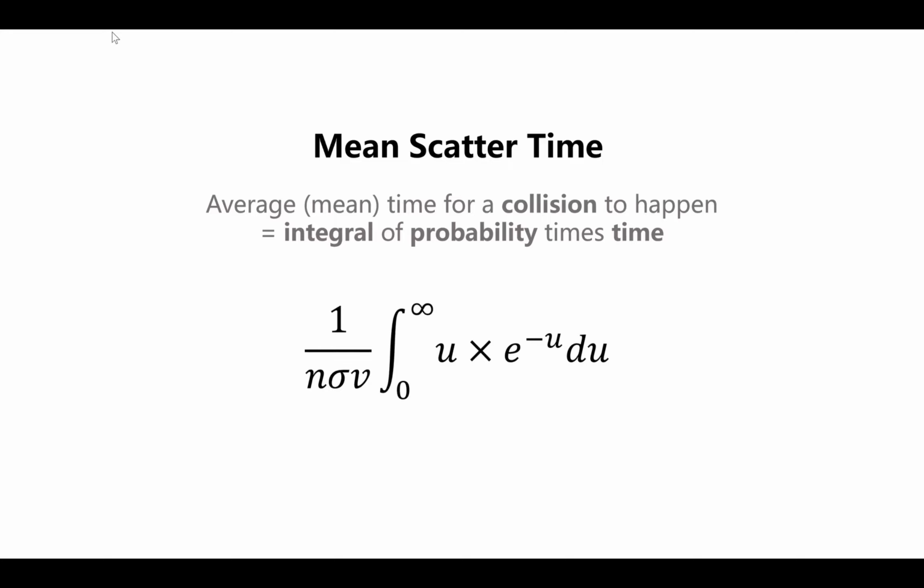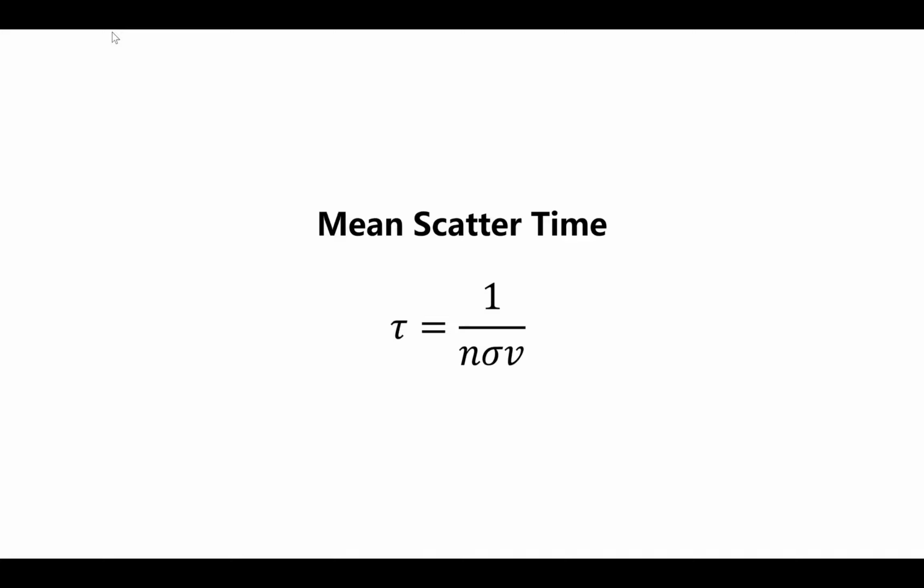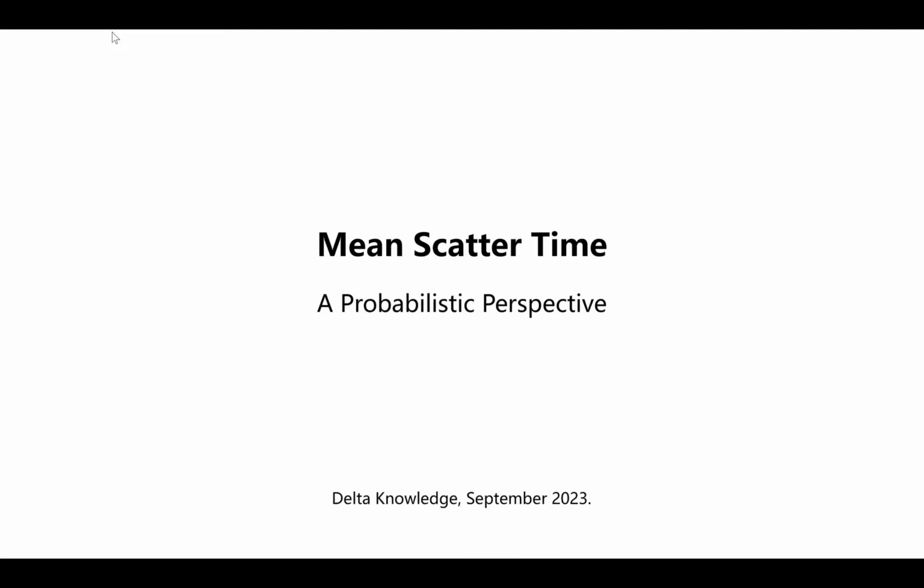Now, this integral is a well-known result. It's just 1. So we have arrived at the mean scatter time: tau equals the reciprocal of n sigma v. So now, this is the answer to how long does it take. It is the time required between successive collisions. And hence, we have found the mean scatter time from a probabilistic perspective.